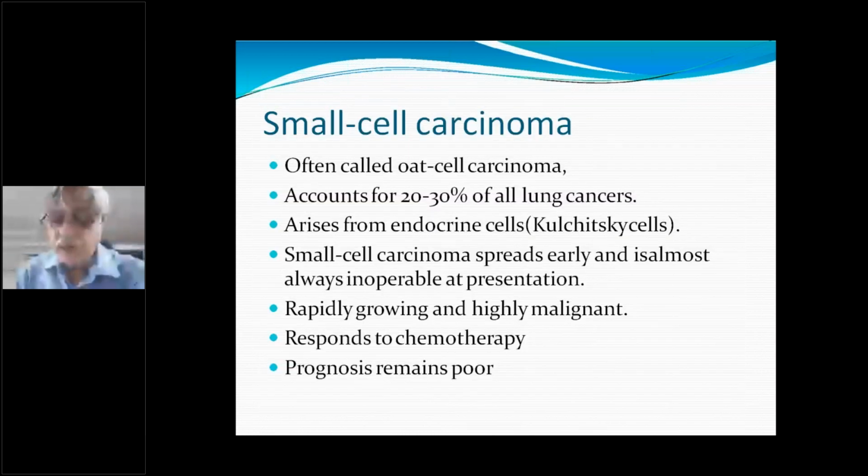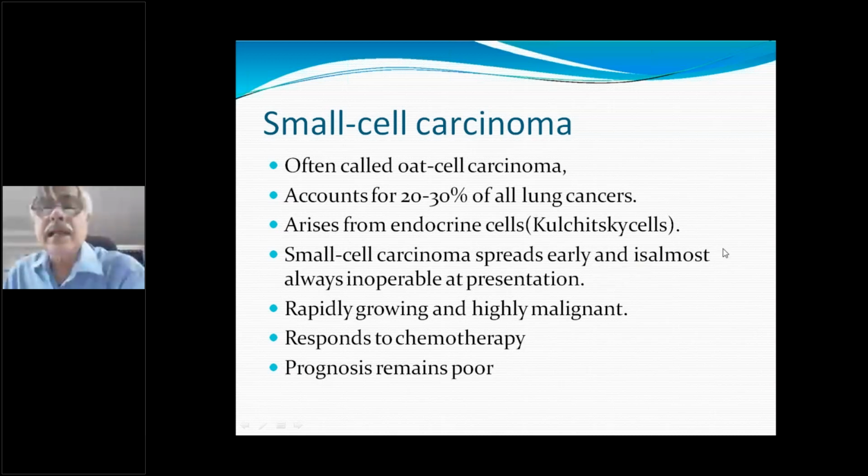Of course, small cell carcinoma, also called oat cell, often accounts for 20 to 30% of all lung cancers. They arise from neuroendocrine cells, Kulchitsky cells.